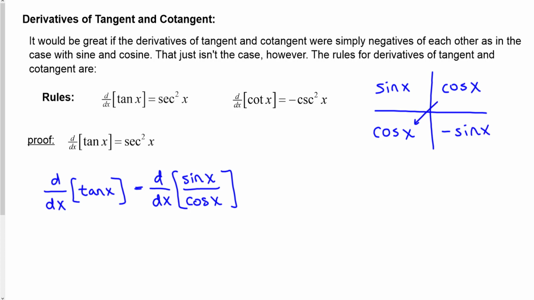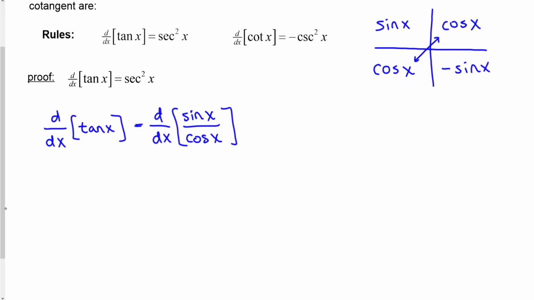These two functions multiply together first. So what I end up with here, using the quotient rule, is cosine squared of x minus the negative sine squared of x, which means plus sine squared x. Now, this gets divided by the original denominator squared.